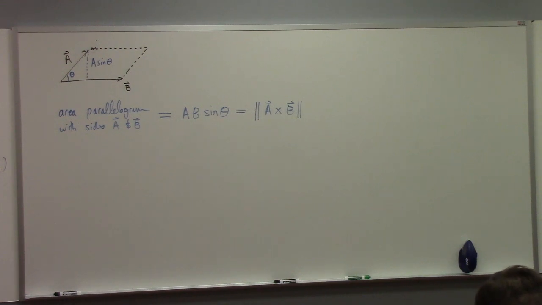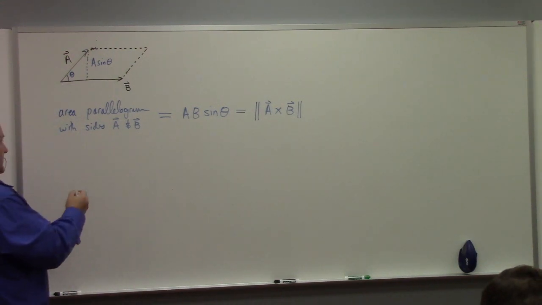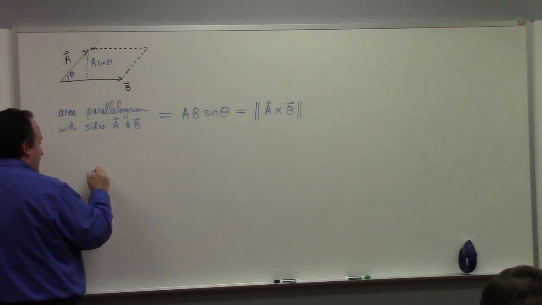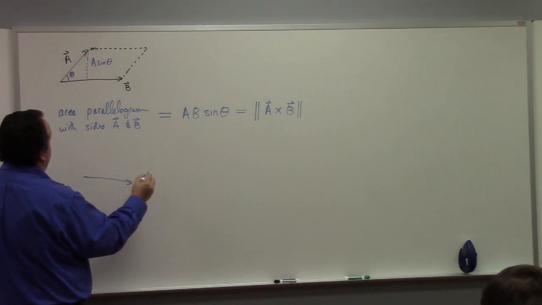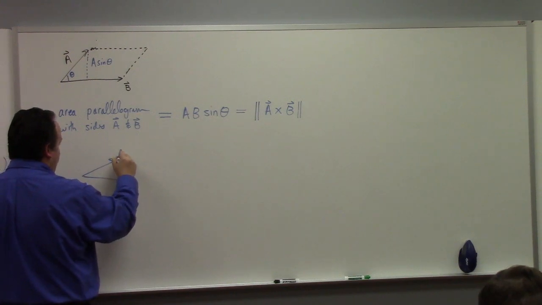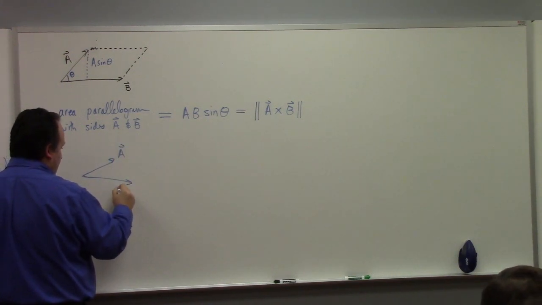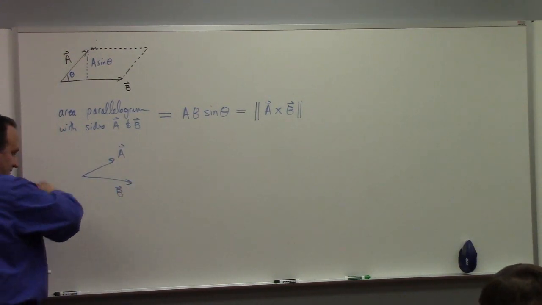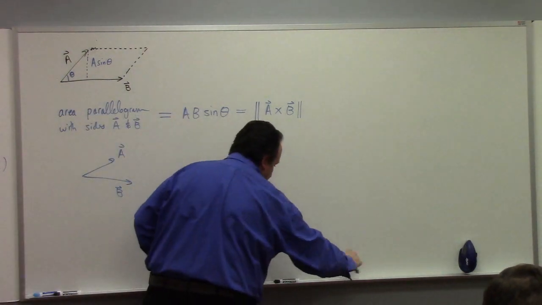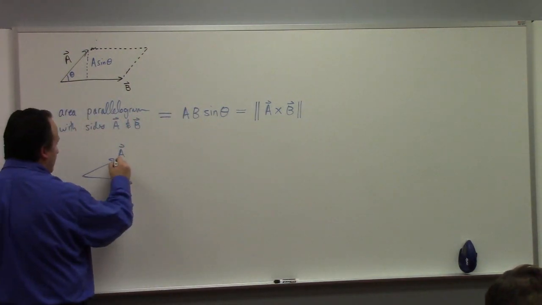Because if you think about it a little bit more, you'll realize that you could still go one direction or another, right? So let's draw a picture. This is A, this is B, right? They define some parallelogram in the plane.